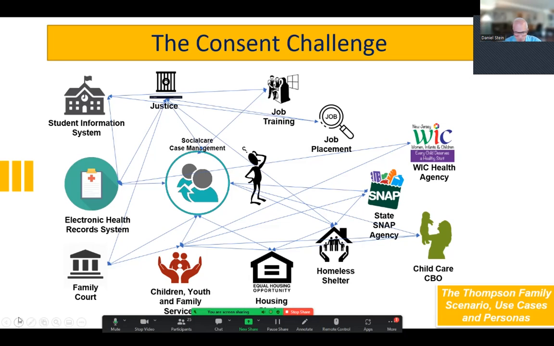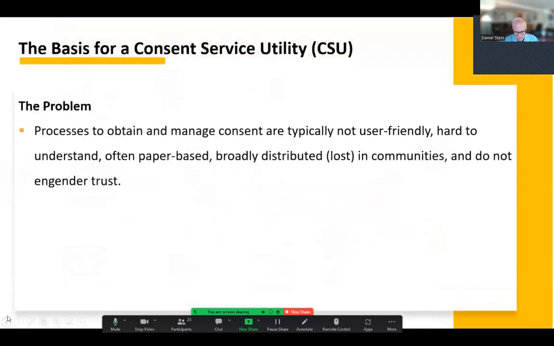The point of mentioning it now is that this scenario includes use cases that really represent the complexity of the problems we're facing out there, and there's a lot of good work we can build on.